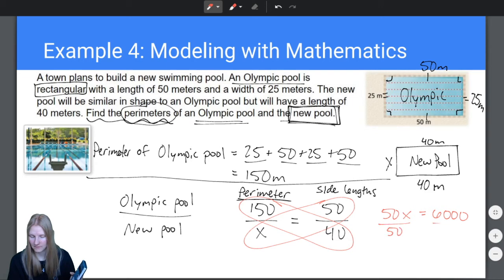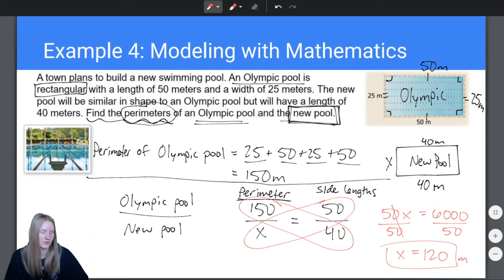Divide by 50 on both sides, and we get that x is 120 meters. And x is the perimeter of the new pool, which is what we wanted to find. We wanted to find the perimeter of the new pool.